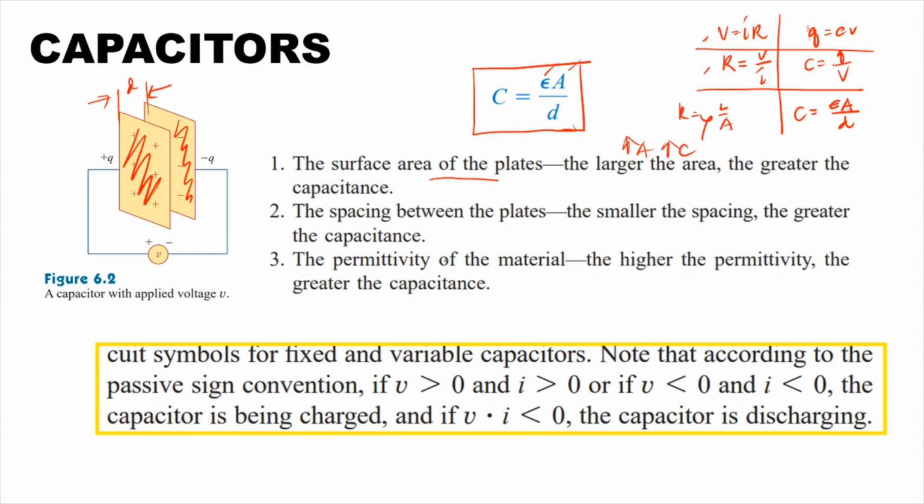As well as for the permittivity of the material, kapag higher permittivity, higher capacitance. Kapag indirectly proportional sa spacing or the distance between the two plates, kapag smaller yung spacing, higher yung ating capacitance. Kapag naman higher yung spacing, lower yung capacitance.